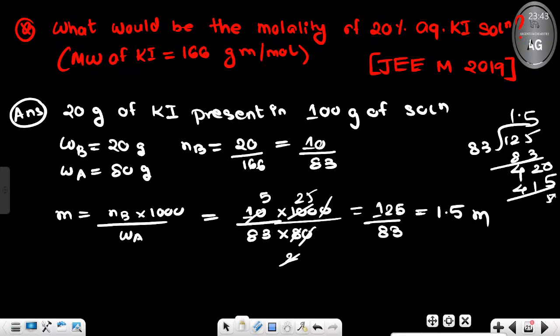Necessarily 1.50 something. I'm not checking that, so it will be around 1.5, 1.51 probably. So it will be around 1.5.